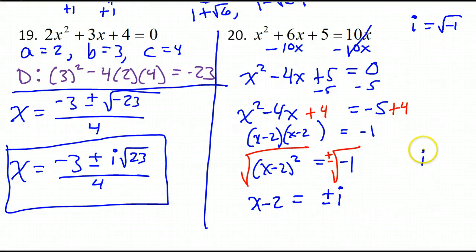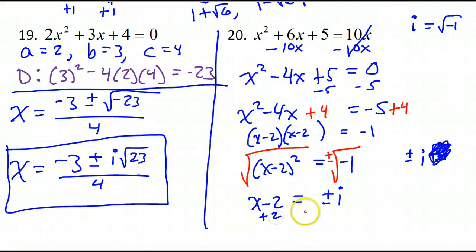Now I could go through some business about it being i times the square root of 1, and then the 1 goes away. I'm failing over here, by the way. Okay, just get over it.